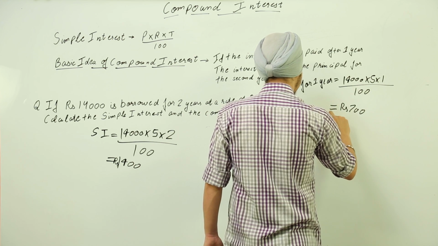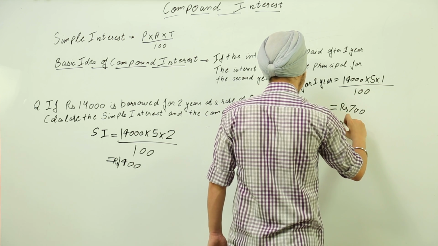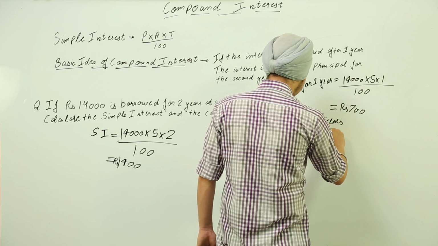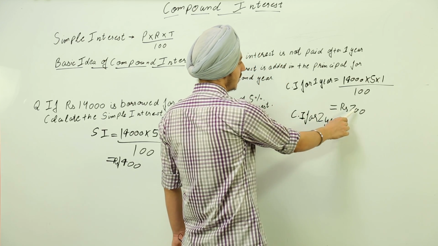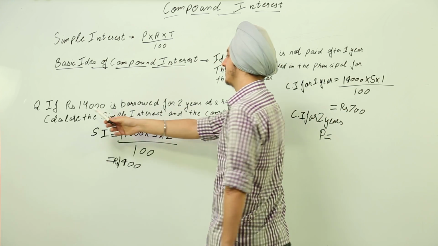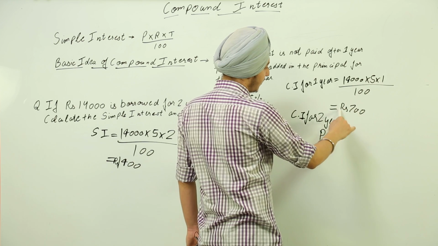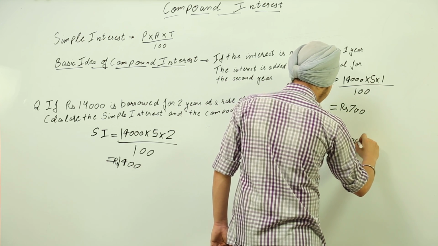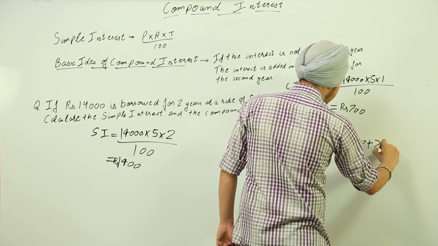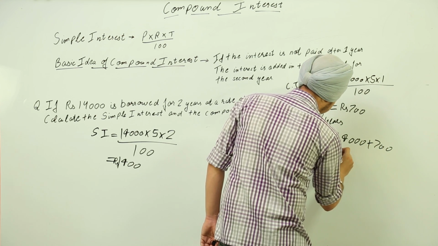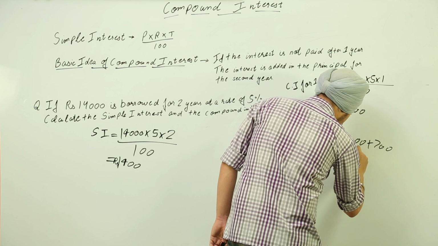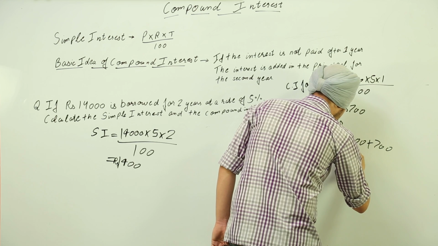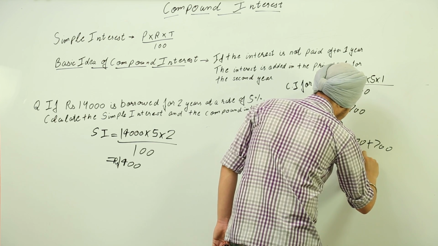For the compound interest after 2 years, first of all we need to know what the principal is. The principal is equal to 14,000, that was the initial principal, plus the interest after the first year. So we have to add 14,000 plus 700, which comes out to be 14,700.